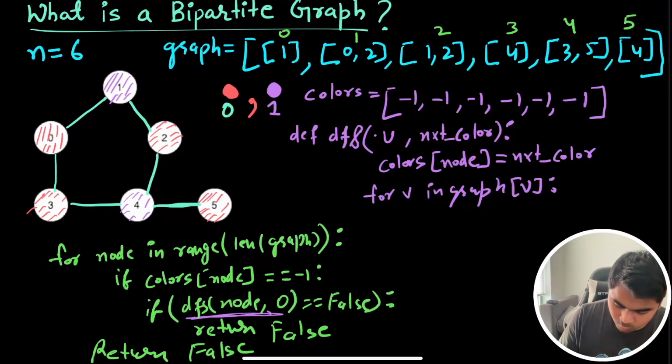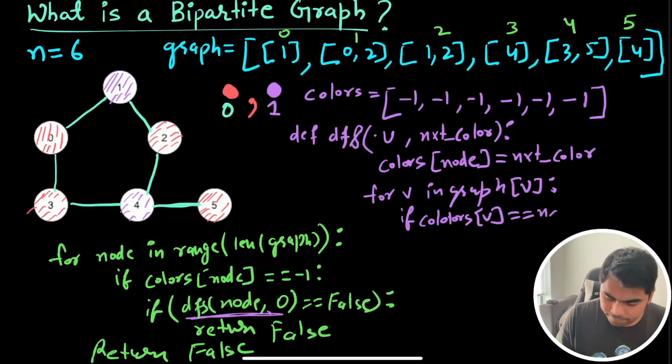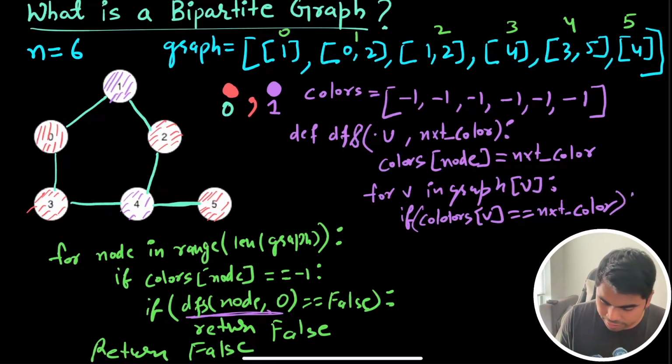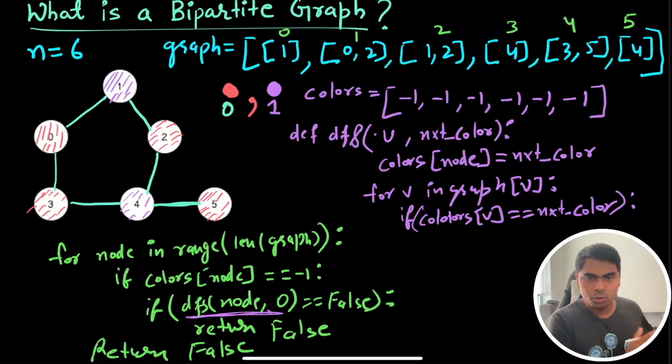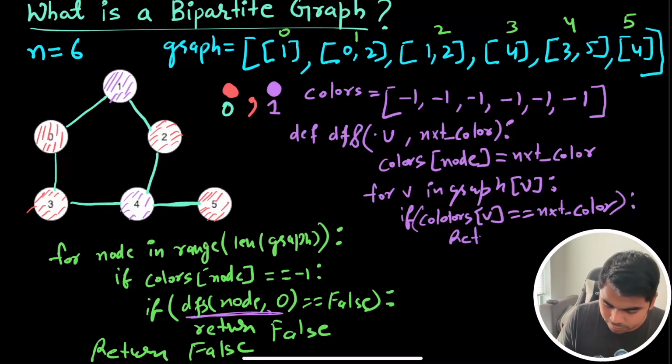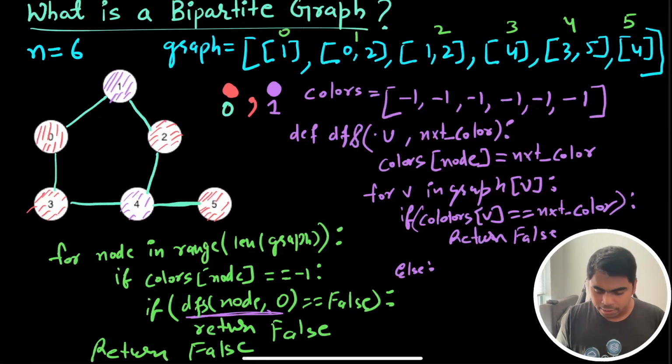So if this V is not -1, that means if the colors at V equals next color, that means it's already visited and it's the same color that U is already assigned, and I'm exploring the neighbor of U, and they cannot have the same color, so I can safely return false. Otherwise, you need to assign the color, but only if it's -1.